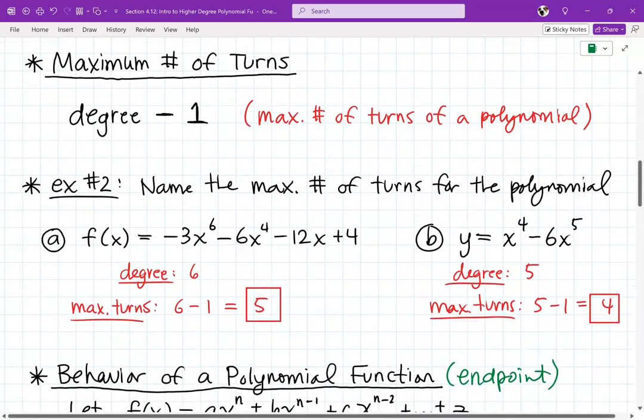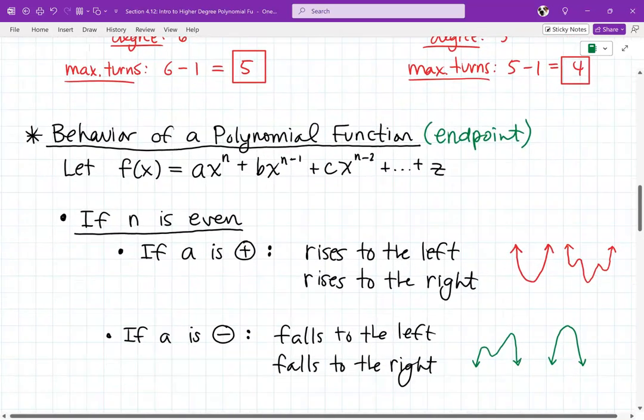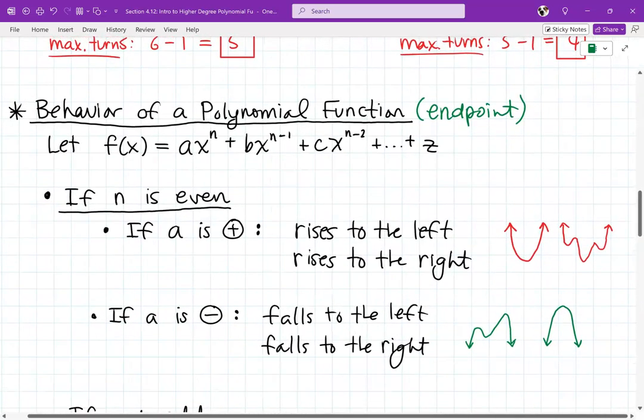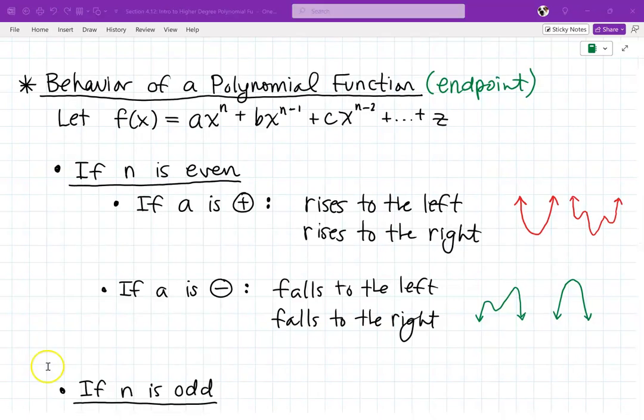So again, I'm going to pause this thing so that you guys can have some time to write this down. So we'll start off with this one right here. All right, so now for the trickiest part of the lesson. Okay, not saying it's difficult, but it is a little bit more involved.